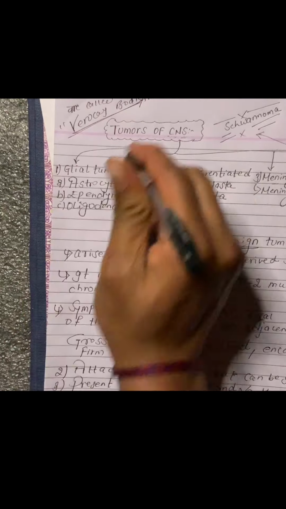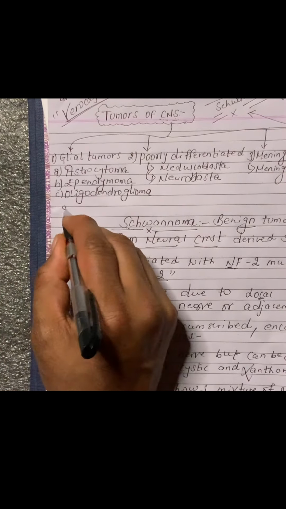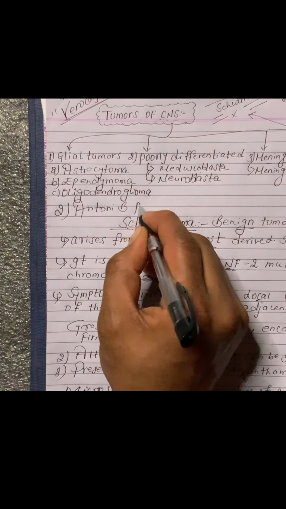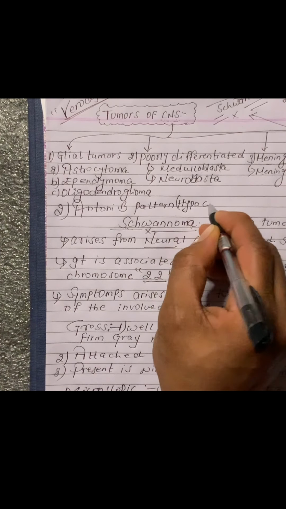The second point, which I'm writing here because we don't have space, is the Antoni B pattern. Definitely this will be hypocellular, because the other is cellular.